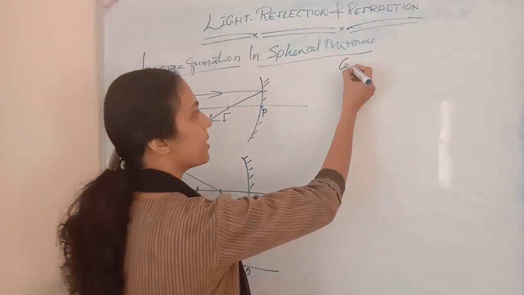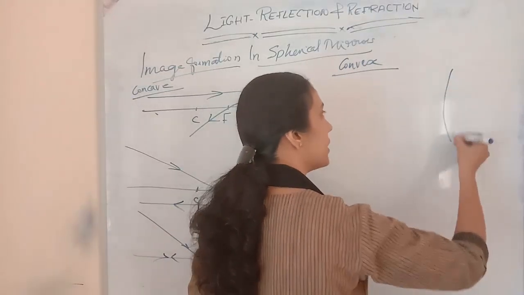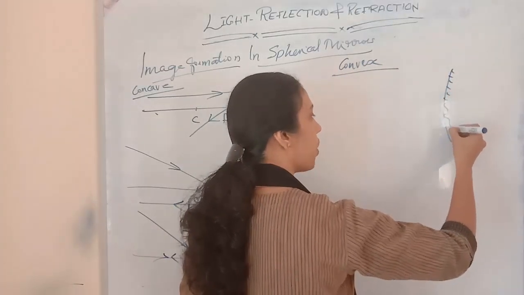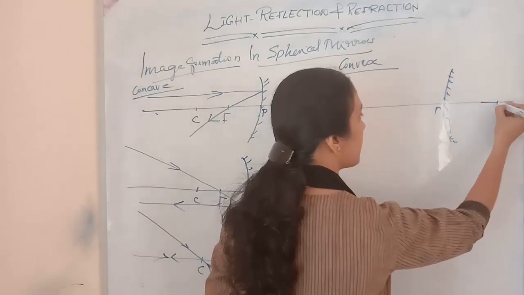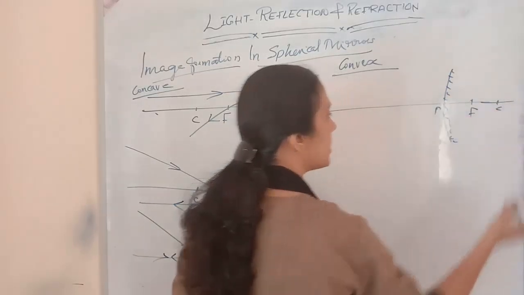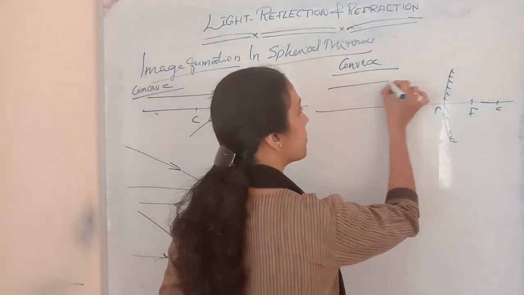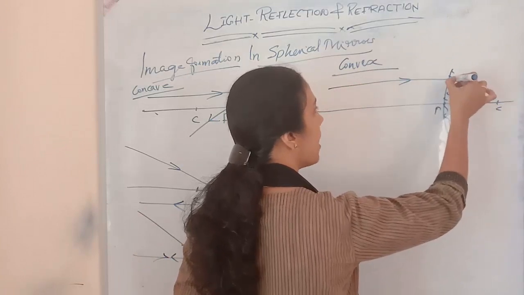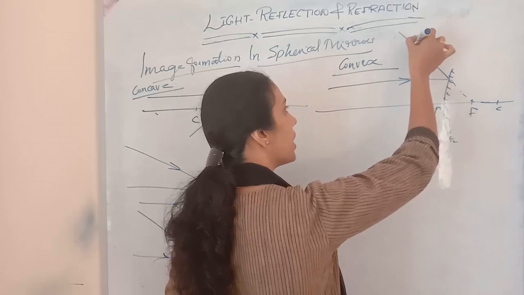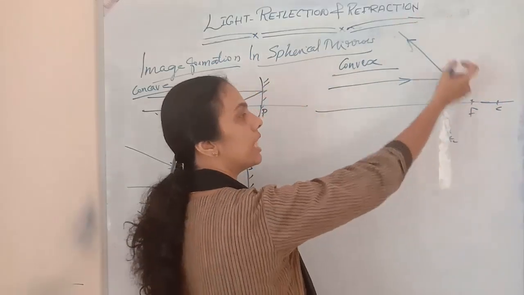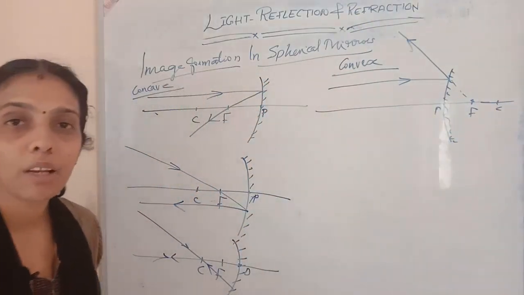Next we are going to consider the convex mirror. Convex mirror means this is a convex mirror. Here this is P and this is C and the half of it is F. Here the rays which are passing parallel to the principal axis, after reflection will diverge and go, as if diverging from a point on the principal focus.